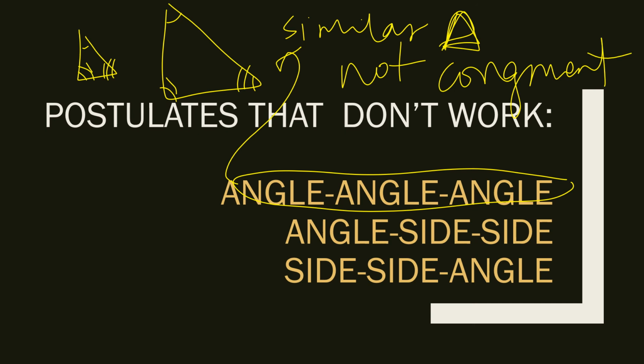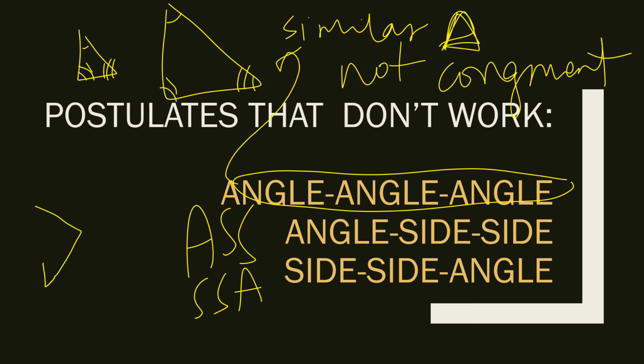Angle, side, side, or side, side, angle. Those also would produce different options for what the triangle would look like, so they could be similar as well. If you've got an angle and a side and another side, I didn't draw that very well, I'm not going to draw it.